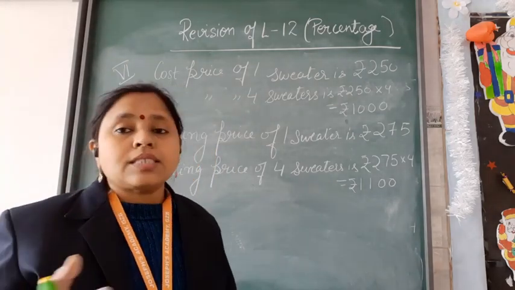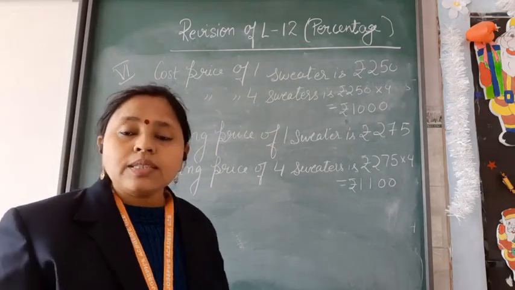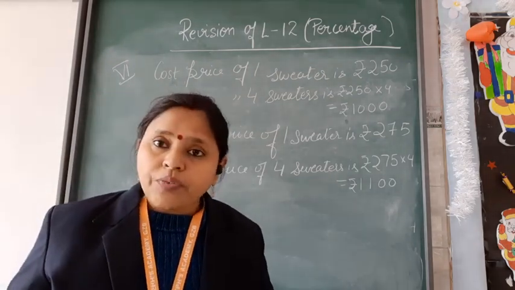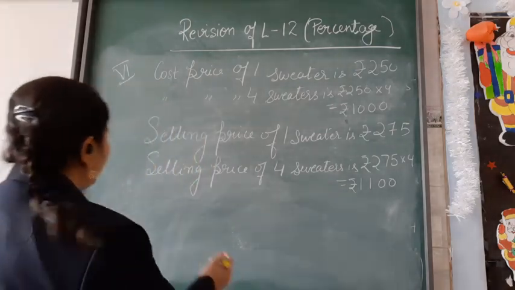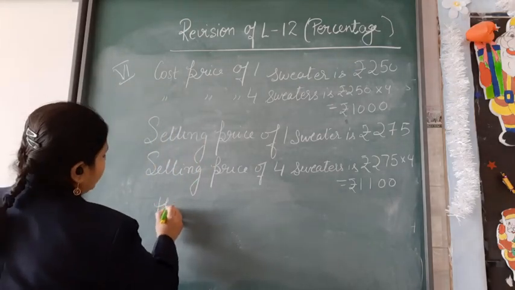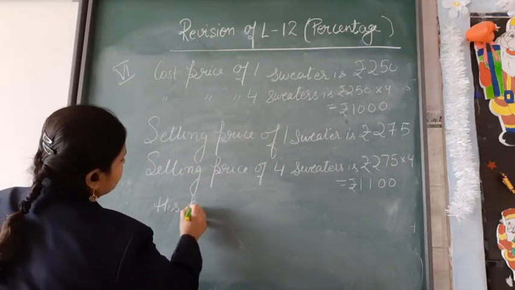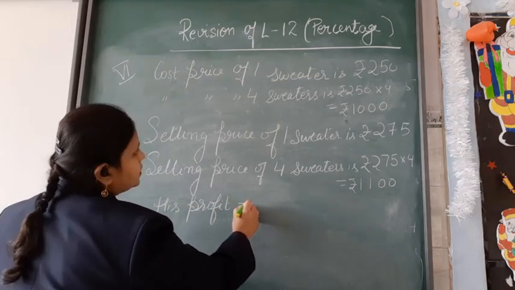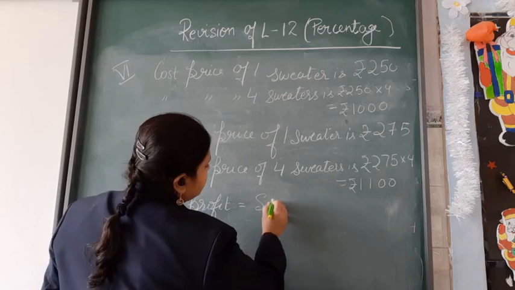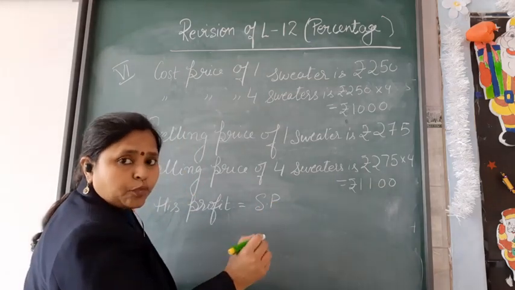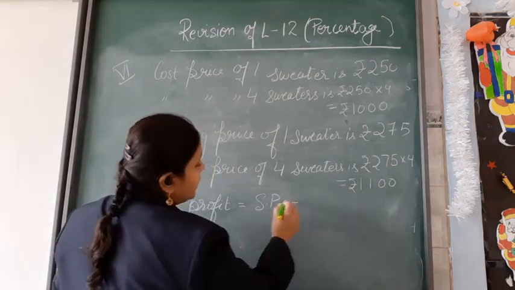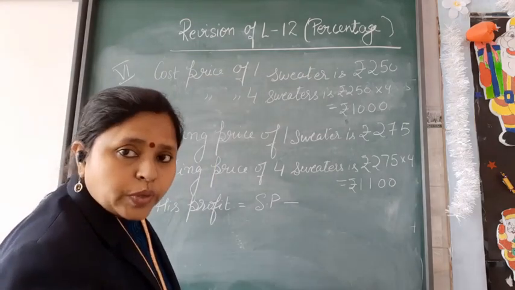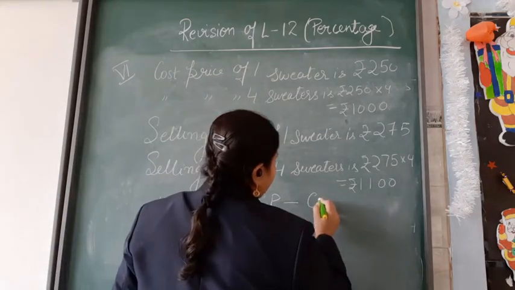So children, it is obvious from the question that he got the profit. And what was his profit? Well, his profit is equal to selling price. SP is the short form for selling price. That is the price at which he sold the 4 sweaters minus the cost price.